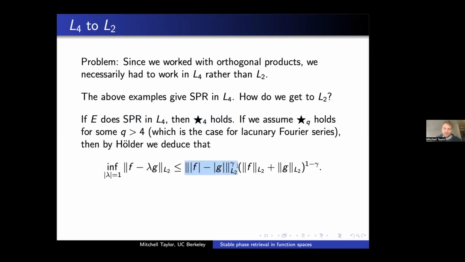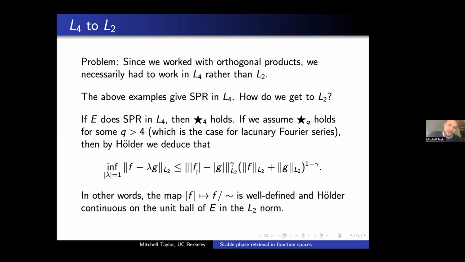I can only control the absolute value of F minus the absolute value of G if I dilate by a gamma, and then I have another factor that scales with the ball. This is what I can deduce from such an argument, and this will work for lacunary Fourier series because all the Lp norms are equivalent.